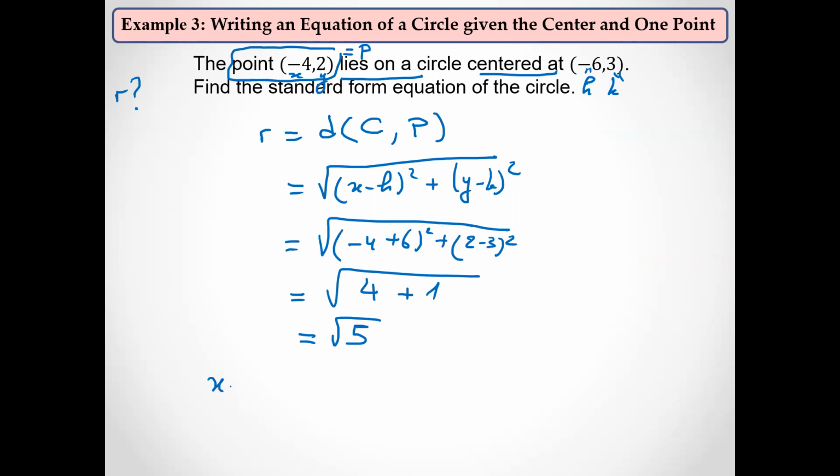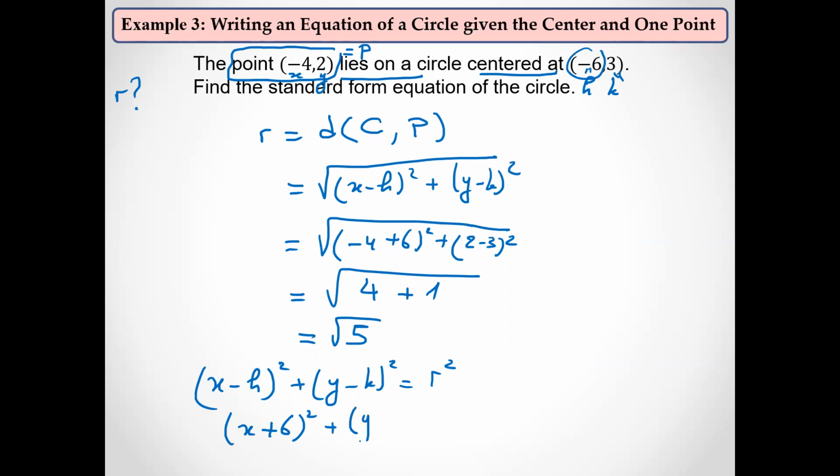We write our equation. X minus h square plus y minus k square equals r square. We get x plus 6, it's minus here, plus y minus 3 equals 5.